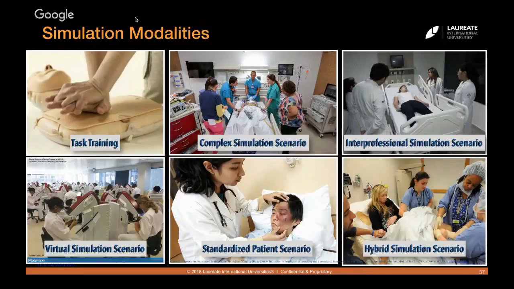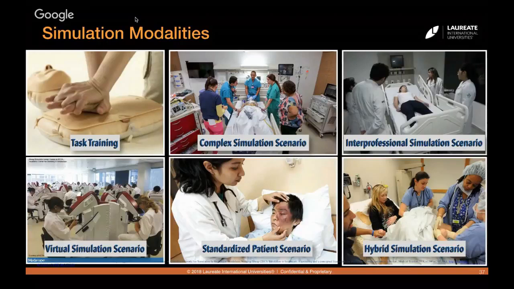Some literature calls test trainings low complexity simulation and simulation scenarios high complexity simulation. So as this slide shows, we have test training, and for simulation experiences, we have complex simulation scenarios, interprofessional simulation scenarios, virtual simulation, standardized patient scenarios, and hybrid simulation scenarios.